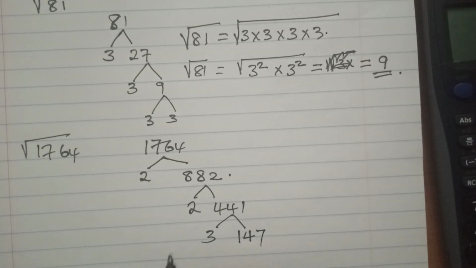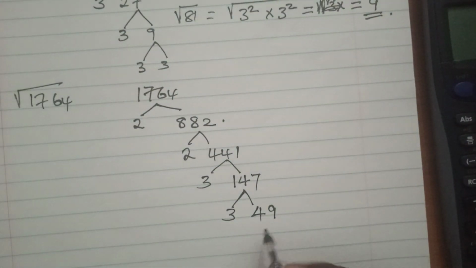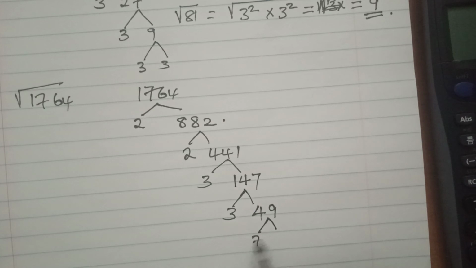Can 3 divide again? Yes, we have 49, and then 49 is the square of 7. So we can easily have a 7 and a 7.